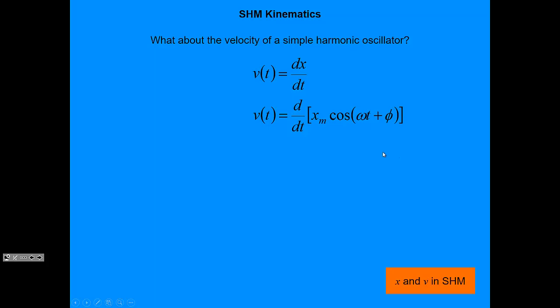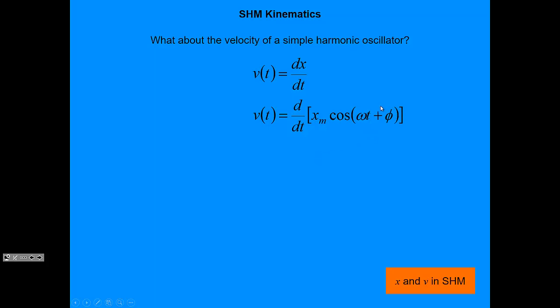This is the derivative of a cosine function with an expression inside. If you've done enough calc, you know that we take the derivative of what's inside times the derivative of the cosine function. And the x sub m is a constant and just rides along for the ride.